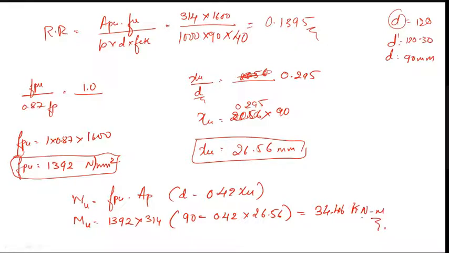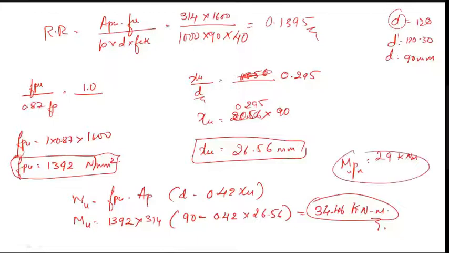And just cross check: here I have got 34.46 and that MPx, how much did I get? 29.29 kilonewton meter. So on comparison, see, this is greater than the permissible one.